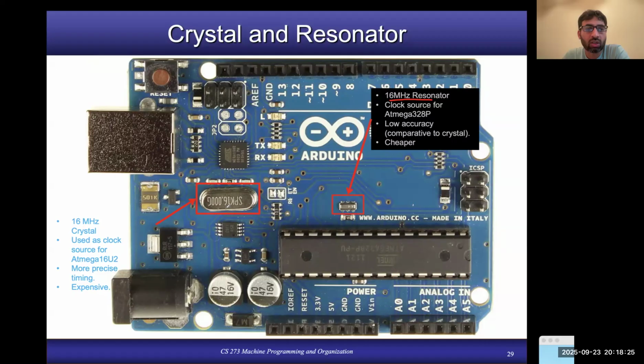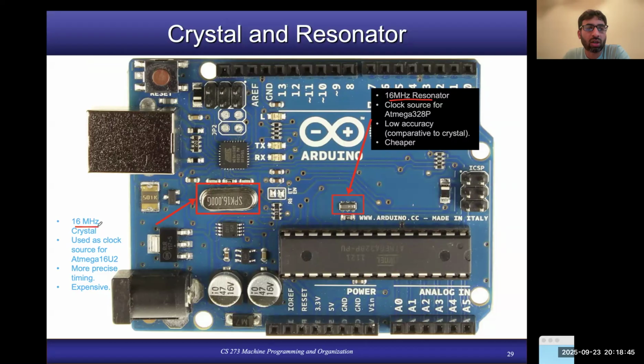It is not a resonator. Both of them serve a similar job of creating the clock signal, but the difference is that they are made of different material. The resonator is made of ceramic material, but the crystal is quartz.